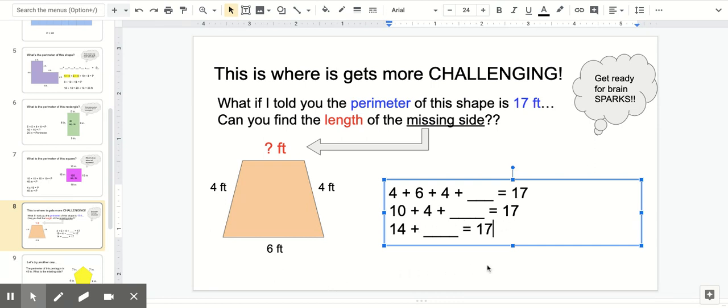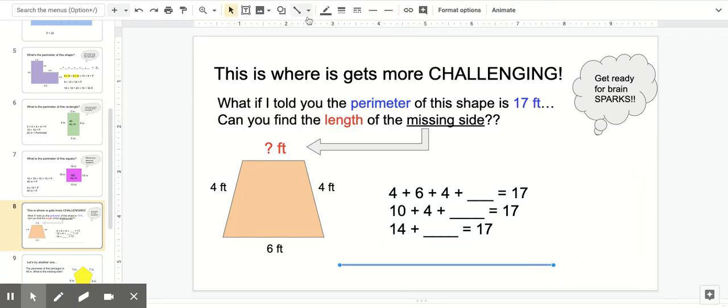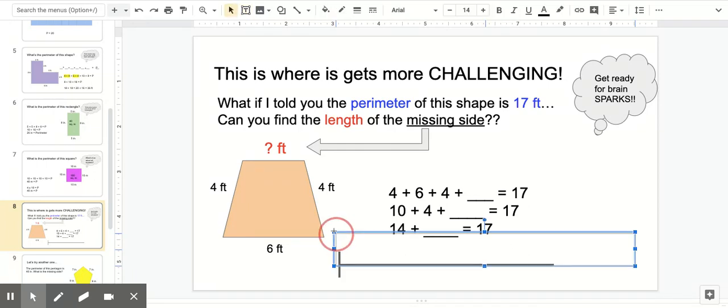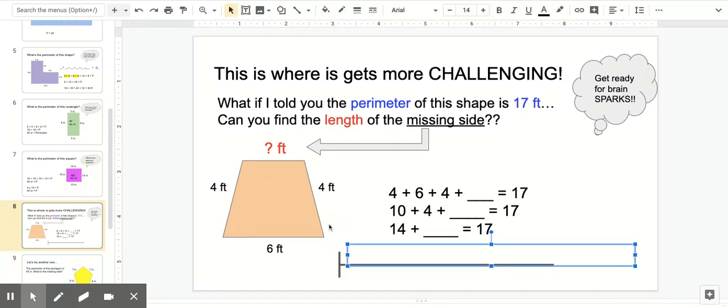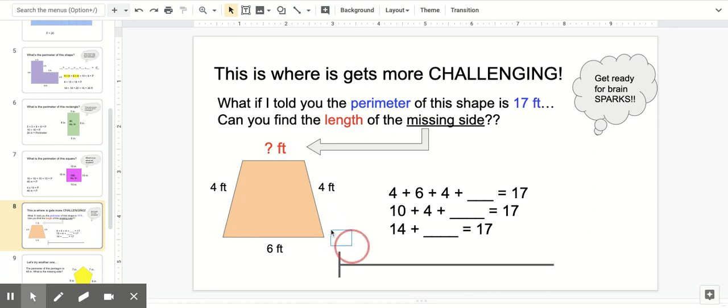Imagine this were a number line. I don't think I can draw a number line really quickly. I know I love a number line. If this was a number line, make that line nice and thick so you can see it. I'm going to start at 14 and see how many moves I need to make to get to 17.